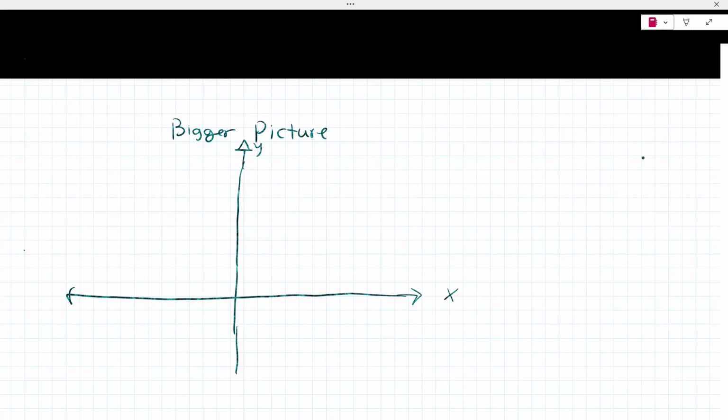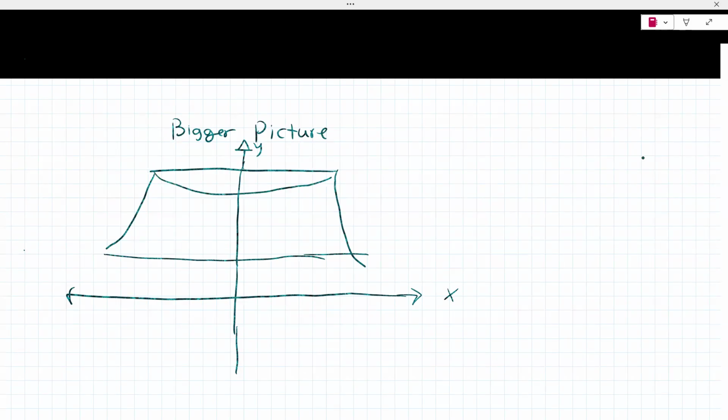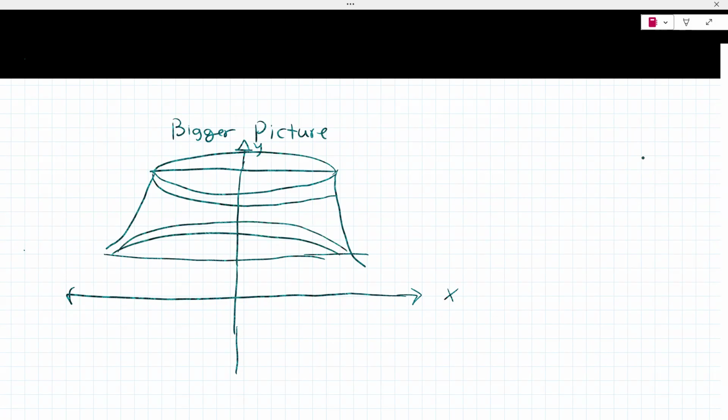It looks like some kind of hat, and then we're revolving it around the y-axis, making tiny discs like this. There you go. So that would be the bigger picture.